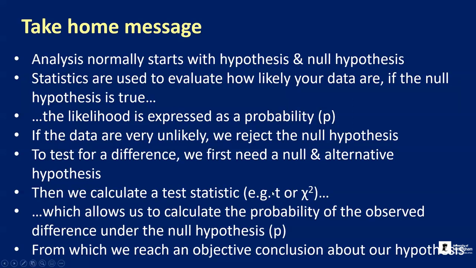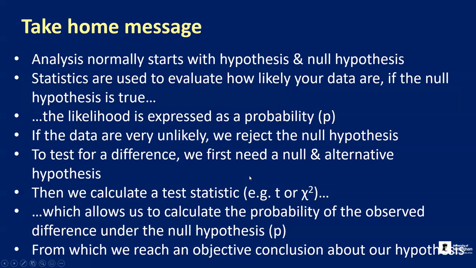We looked at the situation with a quantitative variable where we used a t-test to compare two groups, or a situation where we had frequencies that we compared with a chi-squared test, both of which give you a test statistic, t or chi-squared, and from both of those the computer can give you a p-value, an exact probability of observing those test statistics if the null hypothesis is true. All of this is so that we can reach an objective conclusion about our hypothesis rather than simply sticking a finger in the air and saying, well, I think the data look like they show this.